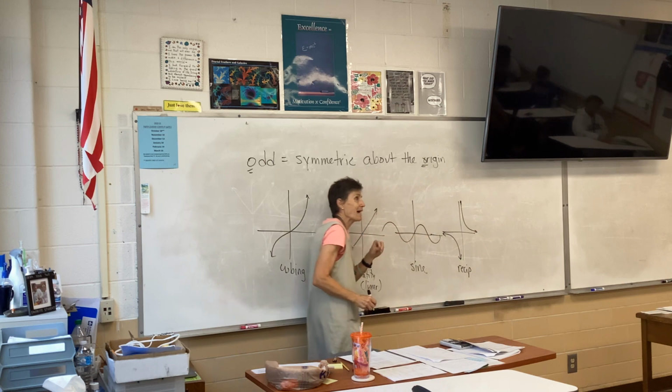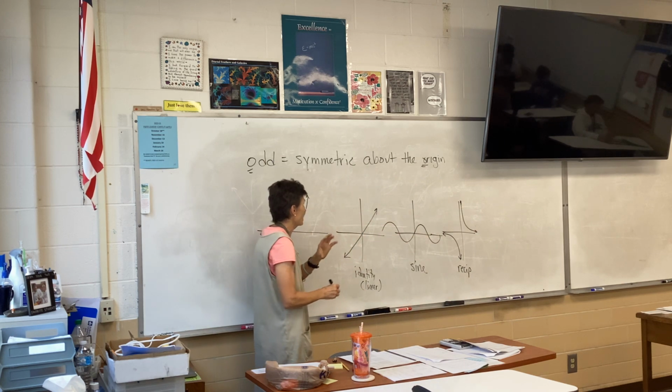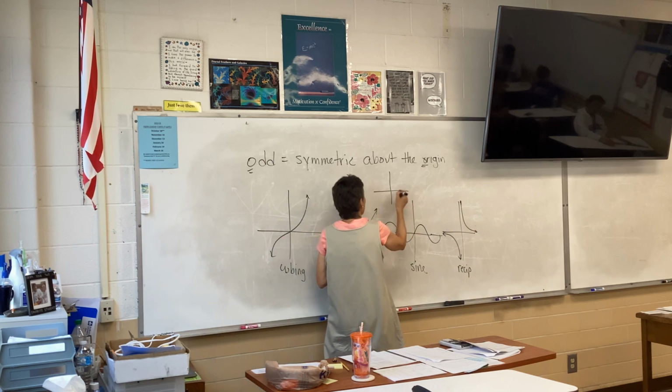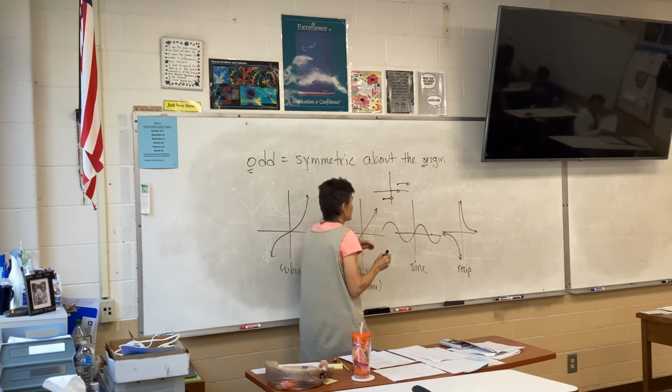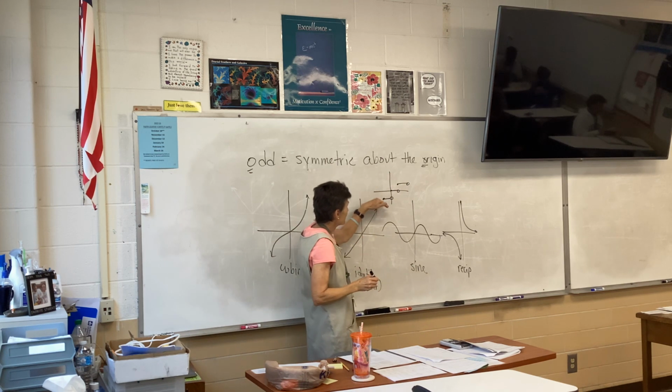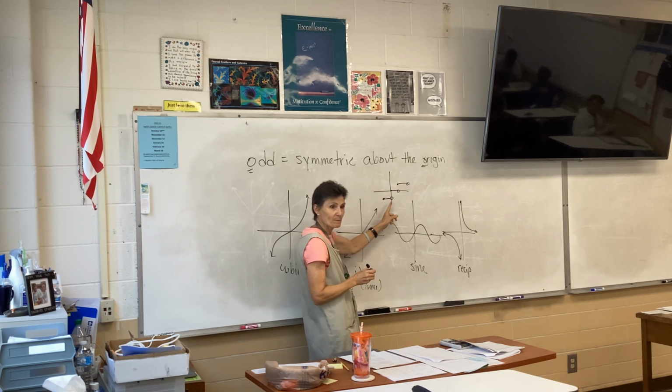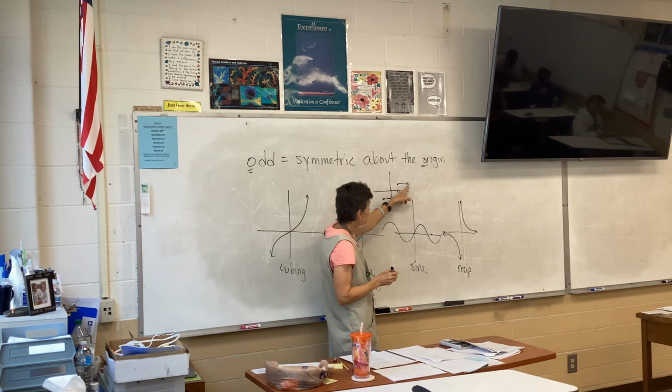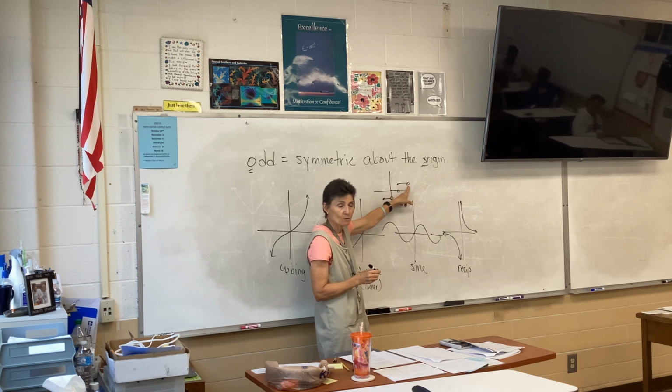Now, Scout is thinking, which is awesome. She said, Mrs. Ford, what about the greatest integer? Now, the problem with the greatest integer is, if I flip this, these bars would have to be going the other way. Now the opens are to the right of the closed.